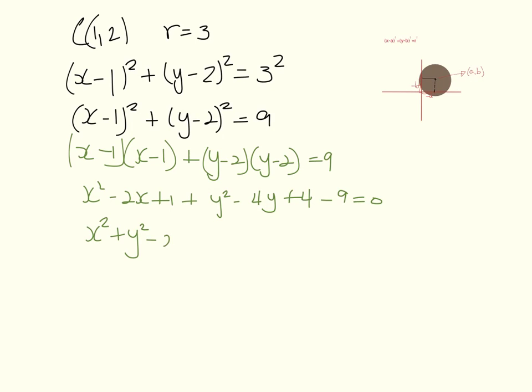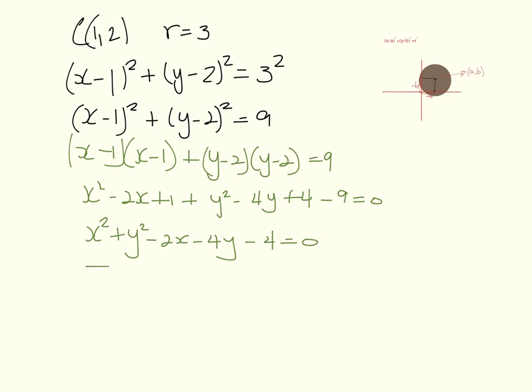And then all the numbers we can add up, so 1 plus 4 is 5, and if you take that away from 9, you'll get minus 4. And this is now done.